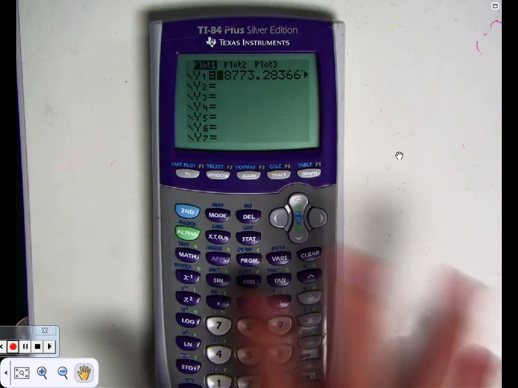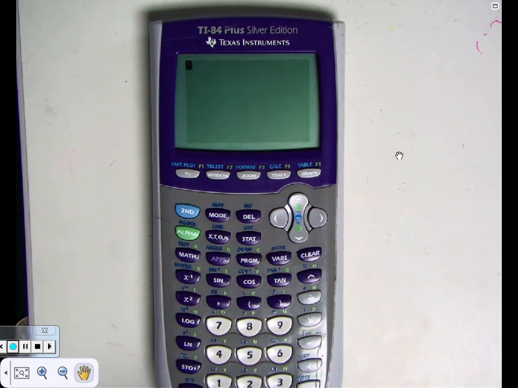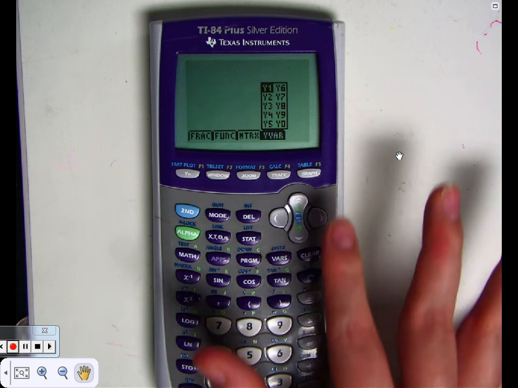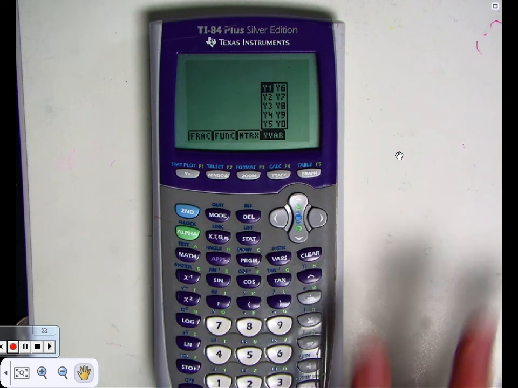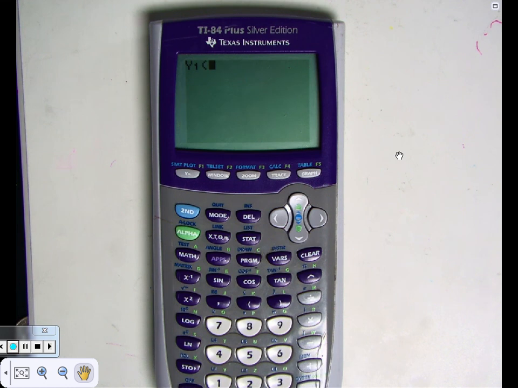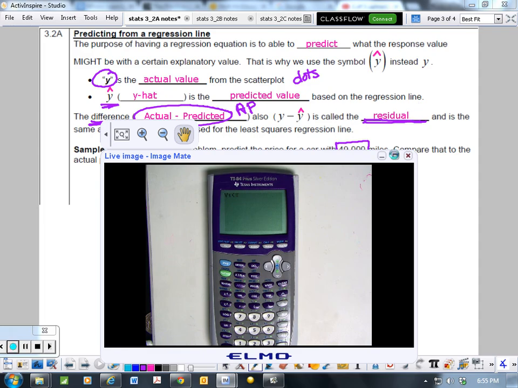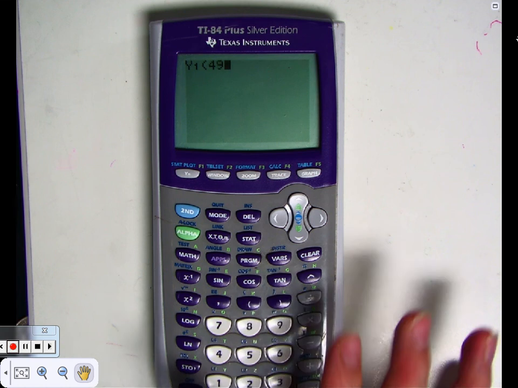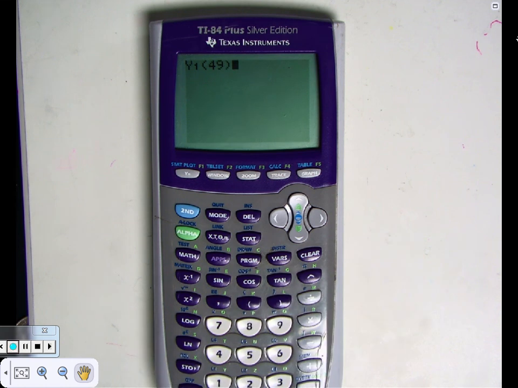My calculator is so fabulous that when I exit out, I can do y1, so again that alpha trace, and say, hey, in my y1, I want you to plug in a certain value. What was that value I wanted? 49,000 miles. So I want to know, what's the value at 49? Why did I use 49? Because all my data is written in thousands of miles. So I'm plugging in 49, and it actually tells me my answer. It plugs it in and calculates it for me. So nice to have that calculator there.